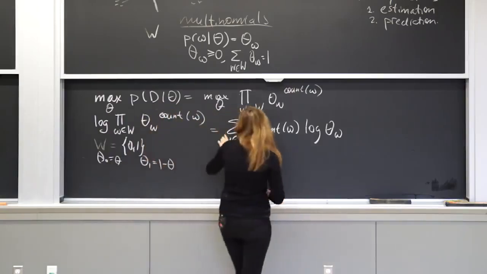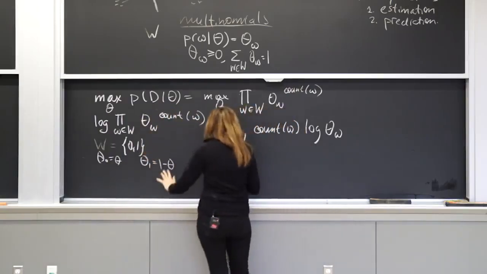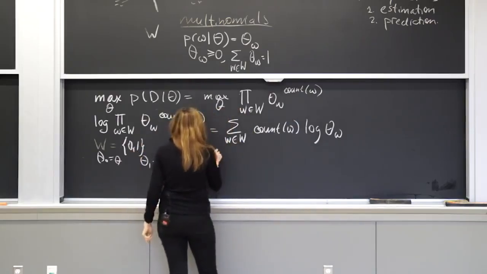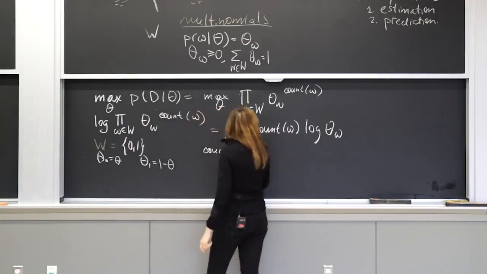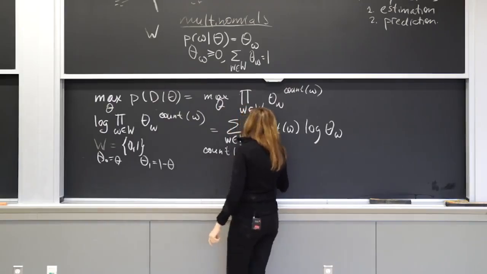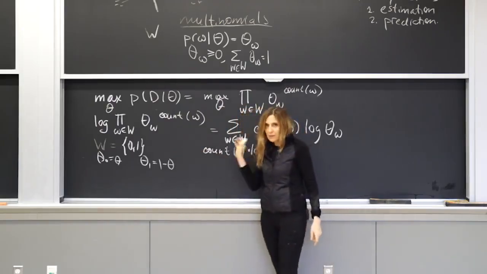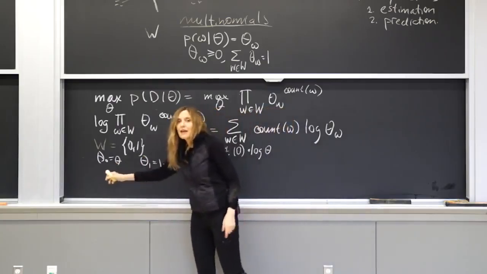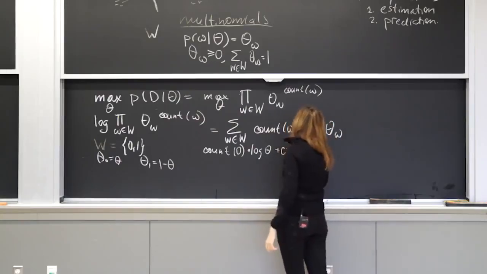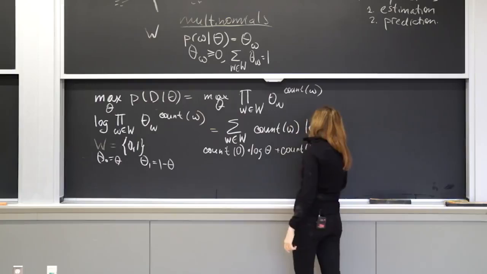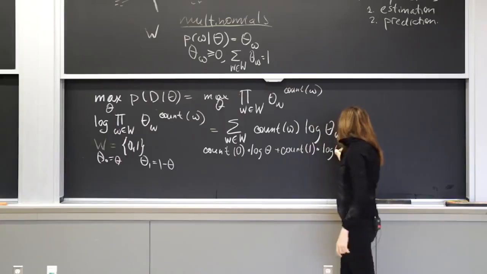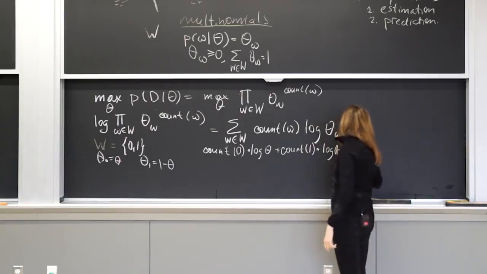So instead, again, we are summing over our vocabulary, just having 2 words. So the first part would correspond to 0. So we're going to write count 0 multiplied by log theta, and this would be the parameter associated with generating the word 0, plus count 1 multiplied by log of 1 minus theta.